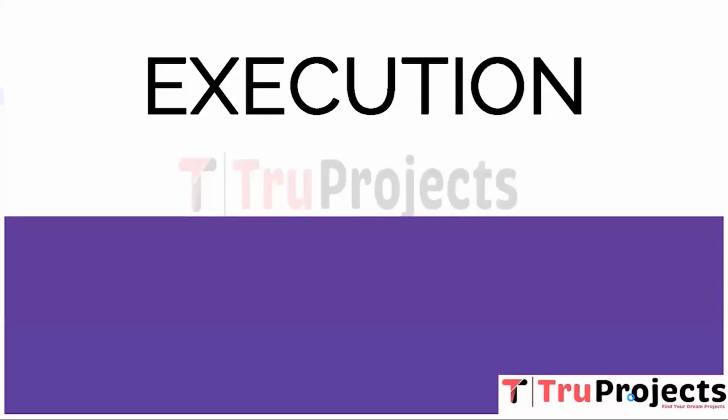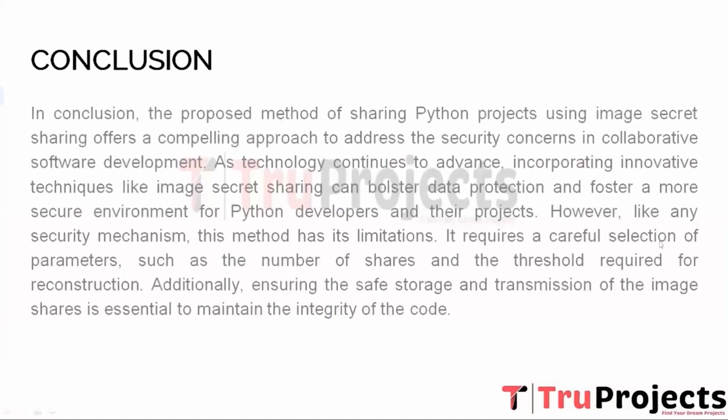Now coming to the conclusion part. In conclusion, the method of sharing Python projects using image secret sharing proposes a creative and effective solution for securely sharing Python projects. By employing image secret sharing techniques, the method divides the Python code base into multiple shares disguised as harmless images. These shares can be distributed through regular channels without raising suspicion about the nature of the content.